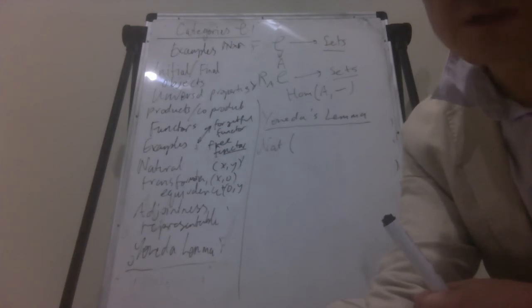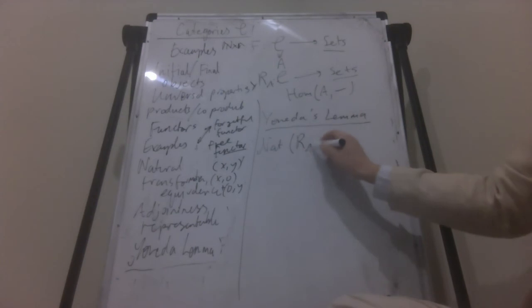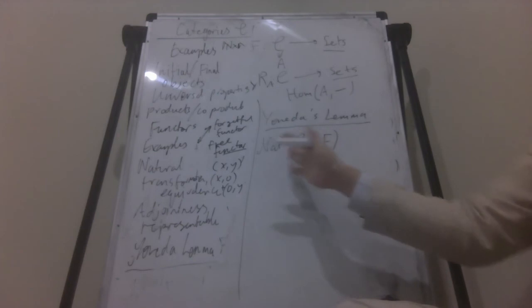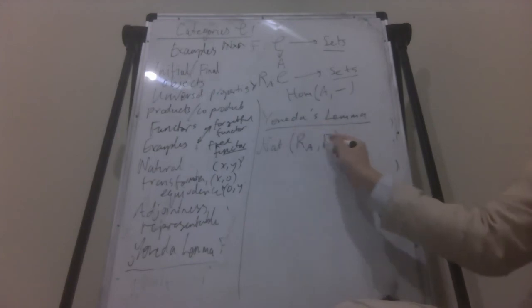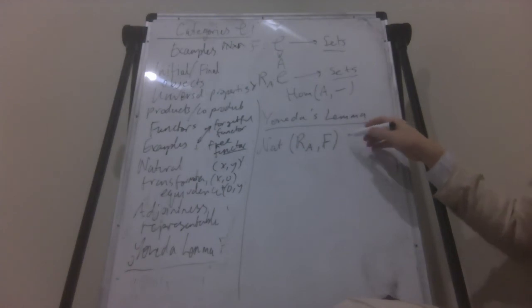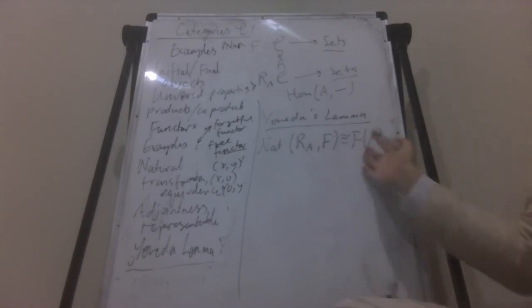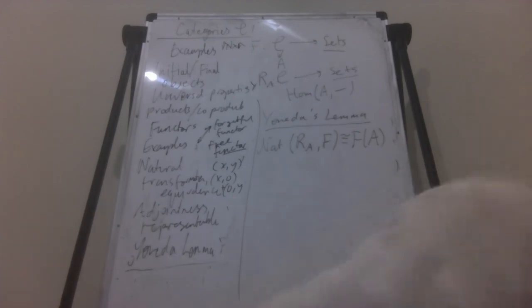I mean, the direction is obvious when you do the proof, but I want to state it here just to not confuse you too much. It goes from R sub A to F, yeah? So the natural transformations from these two functors is in one-to-one correspondence, okay, with the object F of A, okay?